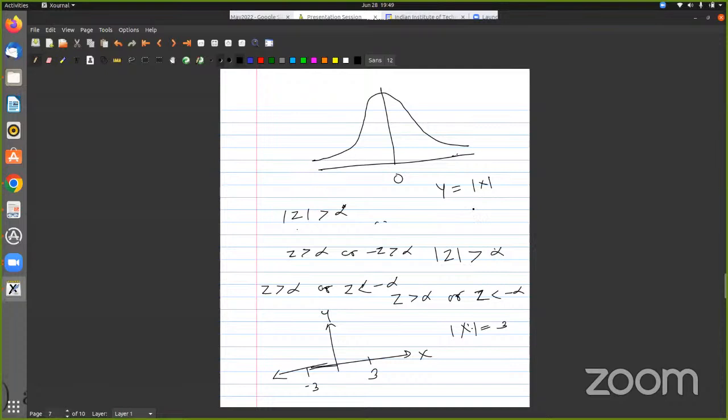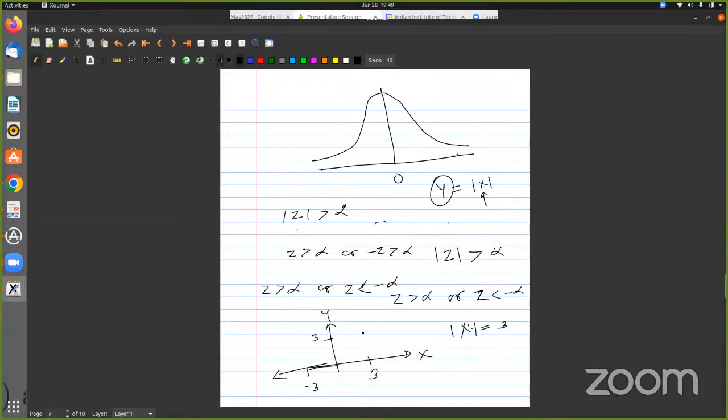what that means is the y value will always be positive irrespective of the values of x. So let's say 3 I'm taking.